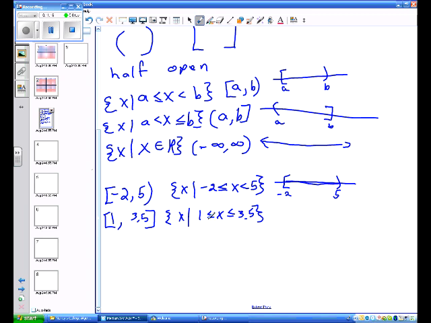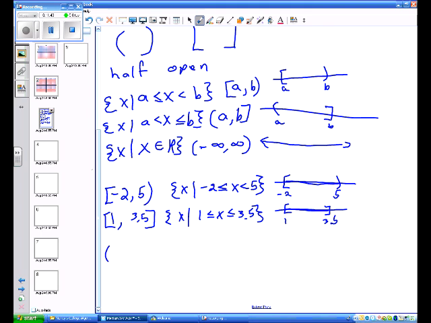If you're given the set builder notation, then be able to write that in interval notation. If you're given the graph, then be able to write in either one of the other forms. So on our graph for this one, we start at 1, it's included, we go to 3.5, and it's included. And we have those values in between.